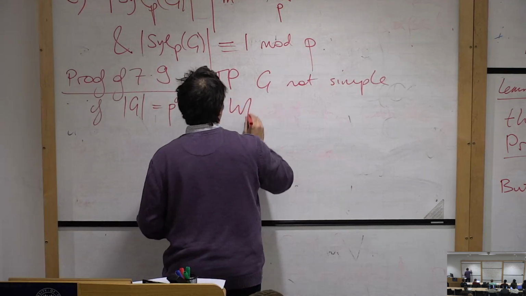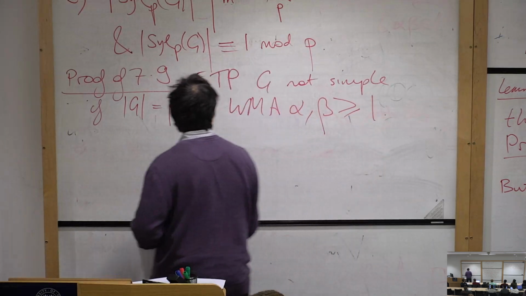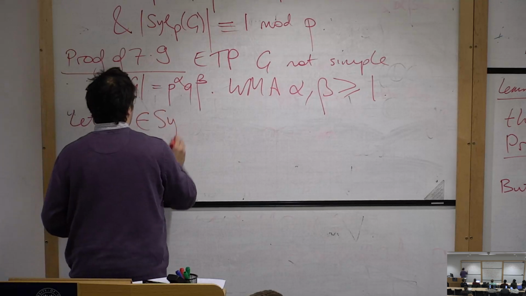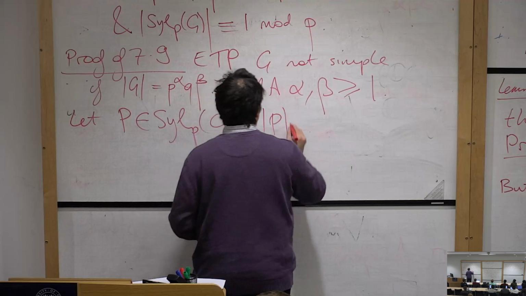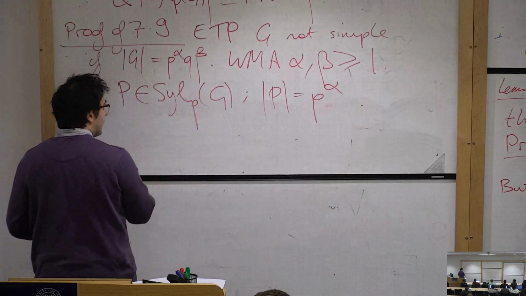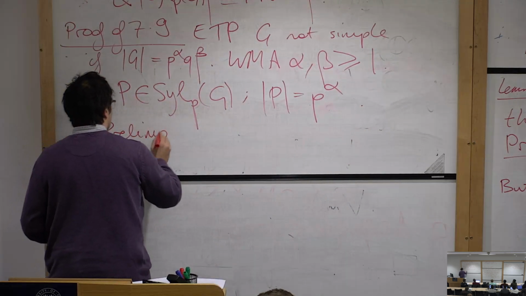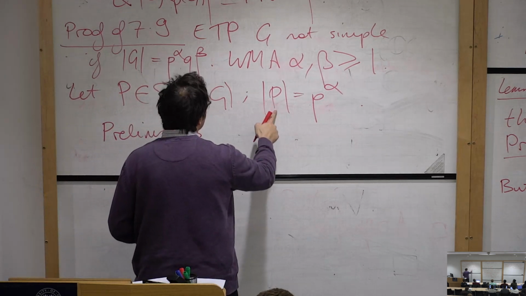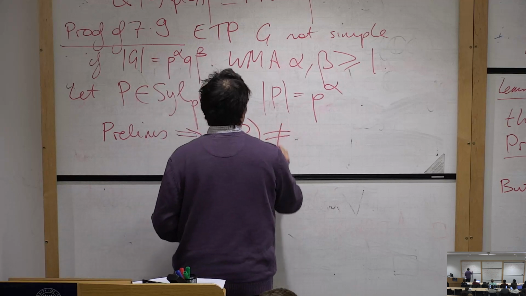And might as well assume alpha and beta are at least 1. So let P be a Sylow p-subgroup. By definition of Sylow p-subgroup, its size is p to the alpha. A non-trivial finite p-group has non-trivial center.